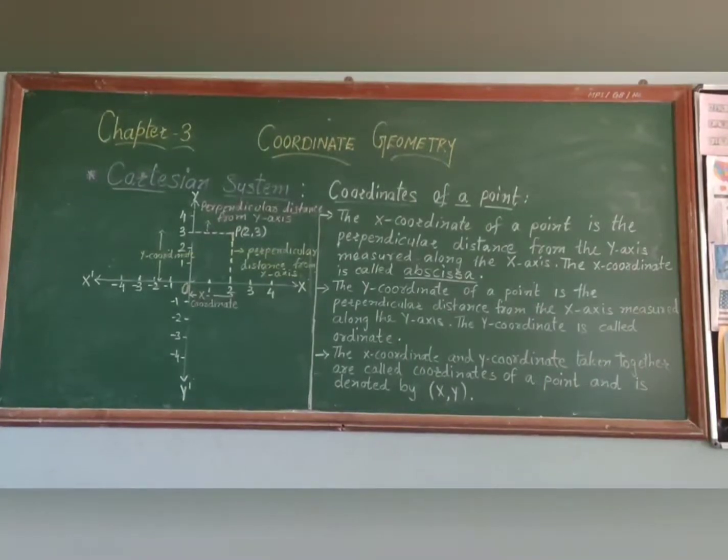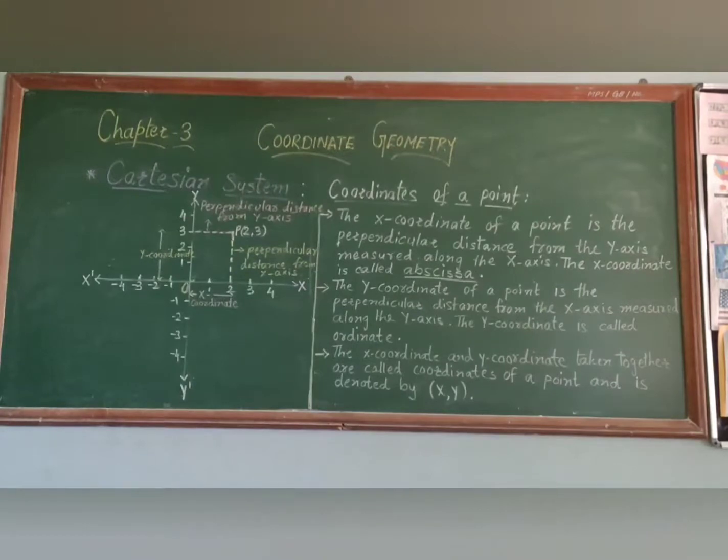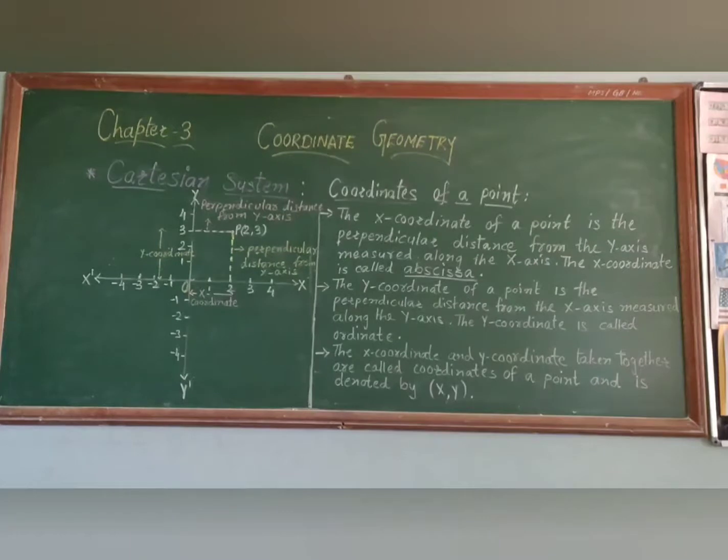Now another important point of the Cartesian system is the coordinates of a point. Suppose a point P is located in the Cartesian system, as you can see. What is the position of the given point P?